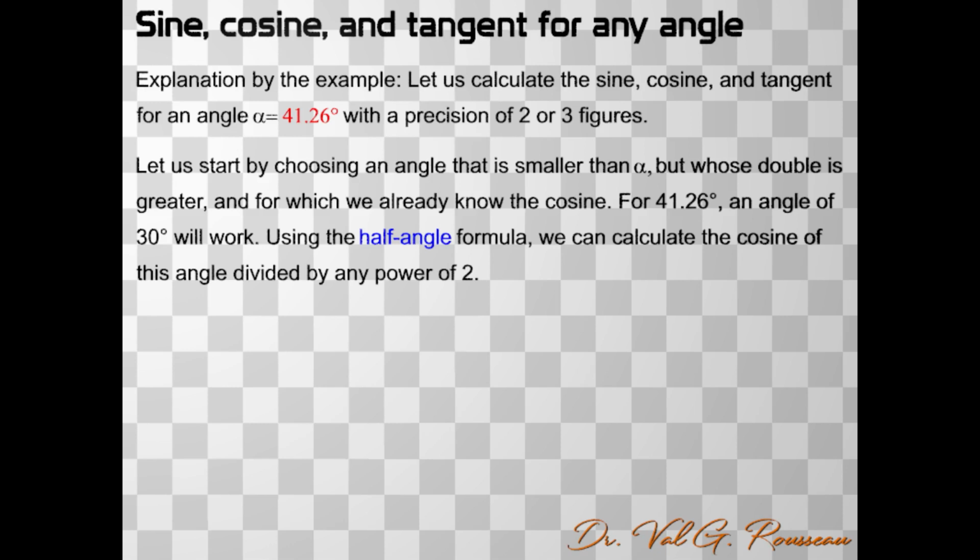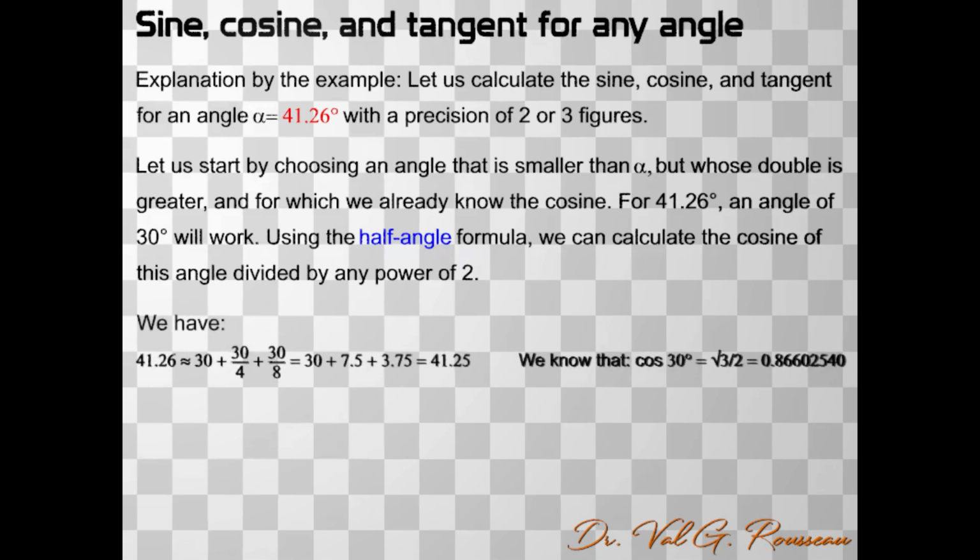Now we can express 41.26 degrees as the sum of angles for which we are able to calculate the cosine. As a first approximation, we could say that 41.26 is more or less equal to 30. That's not a very good approximation. To improve it, we can try to add 1/2 of 30 to it. That would give 45, which is too big.